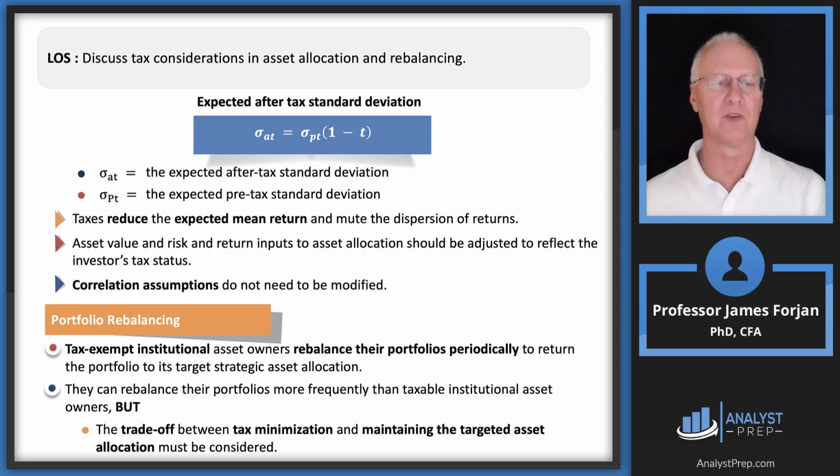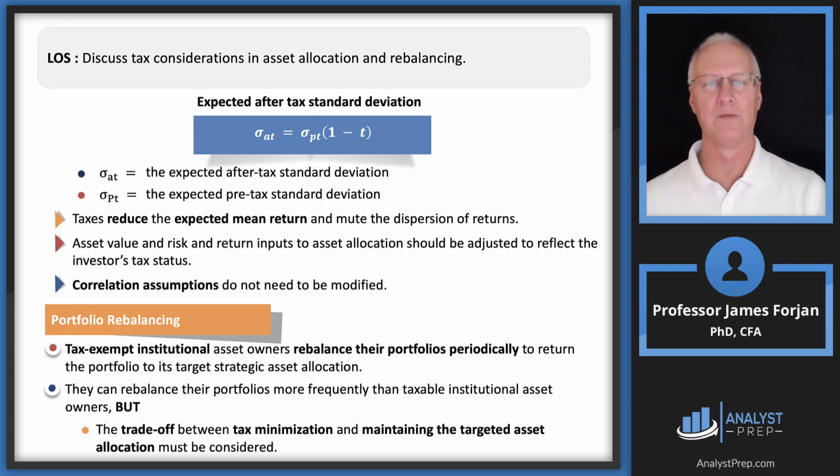And then, of course, as good financial analysts, we don't want to make a tax-efficient decision based only on the first moment of the distribution, the expected return. How about the expected standard deviation of that after-tax return? There's a simple equation up there.